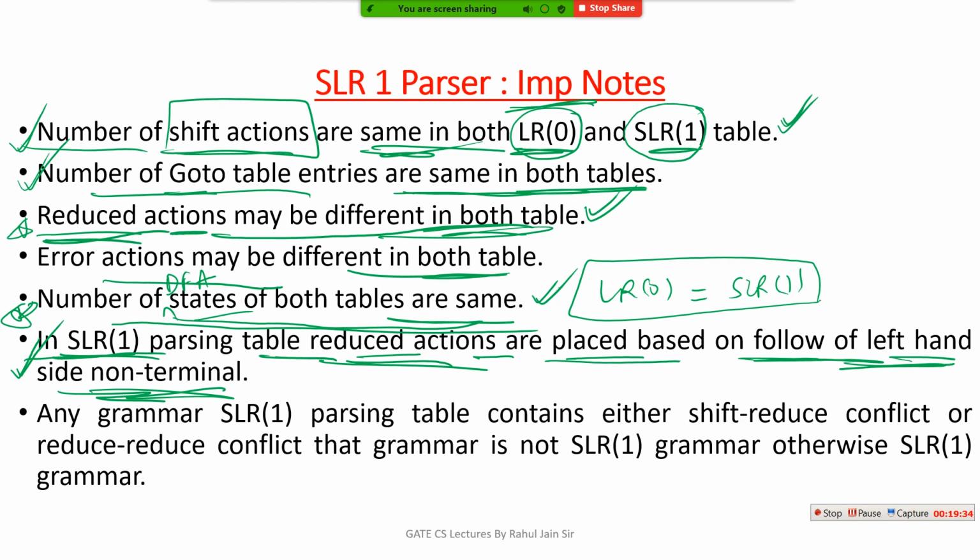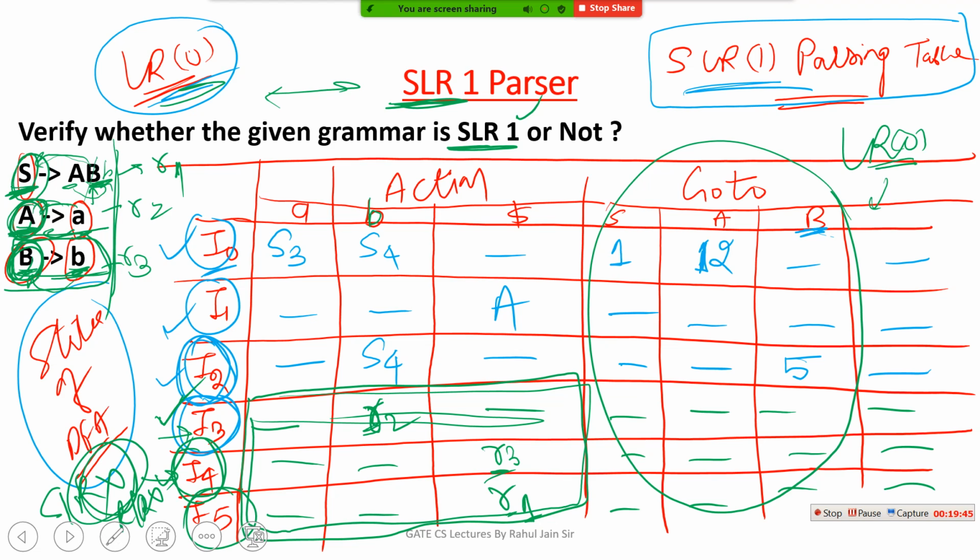And the last one: if in any grammar the SLR1 parsing table contains either a shift-reduce conflict or a reduce-reduce conflict, then that grammar is not SLR1. It means if in your parsing table, suppose a shift action is also here, or suppose two reduce actions are here, then you can say that a shift-reduce conflict or reduce-reduce conflict is here.